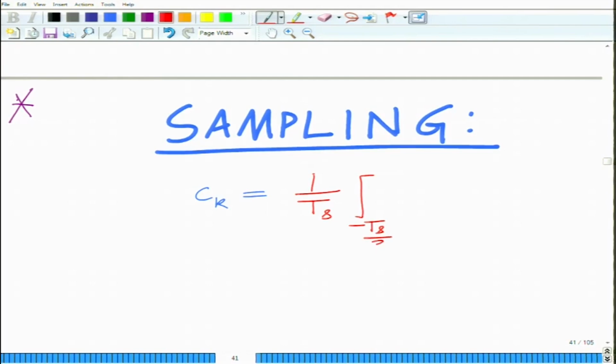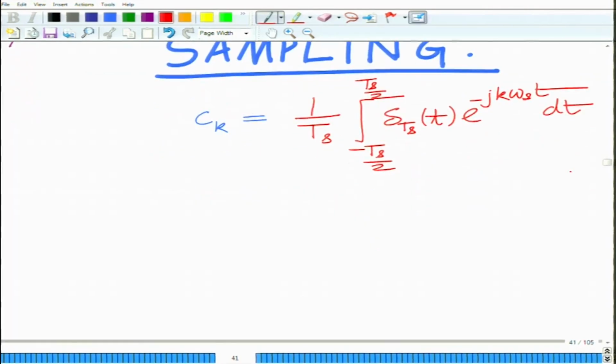So, we can choose minus Ts over 2 to Ts over 2 of delta Ts of t, or in one period it is simply delta t, times e raised to minus j k omega s t dt. This is the expression for the coefficient Ck of the complex exponential Fourier series, but in the interval minus Ts over 2 to Ts over 2, this is simply delta t.